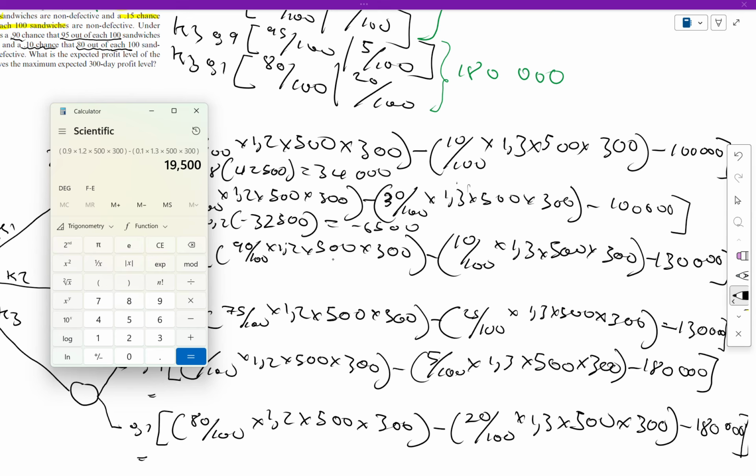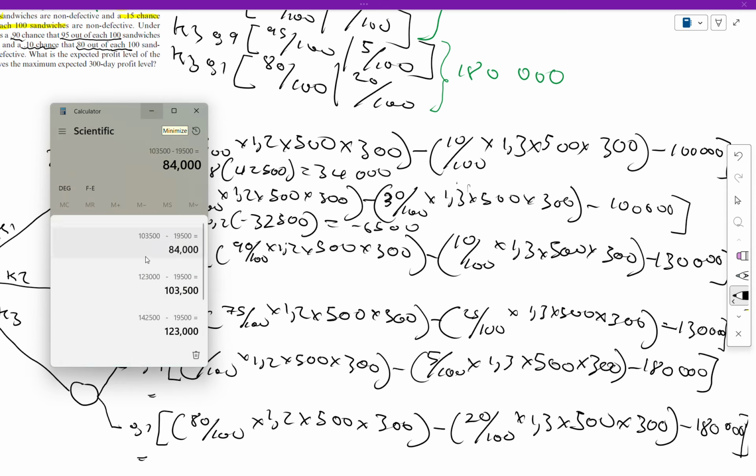0.9, get that to 500, 300, minus 0.1 multiplied by 1.3 multiplied by 500 multiplied by that. Okay, then we find this answer equals to, okay, something is happening I don't like, is 3.